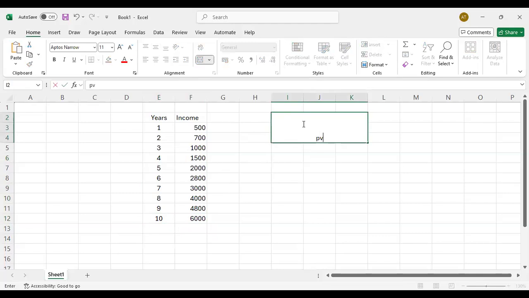Present value is equal to 1 divided by (1 plus R divided by 100), bracket raised to T. So this is a formula available, where R is the rate of interest and T is the period.